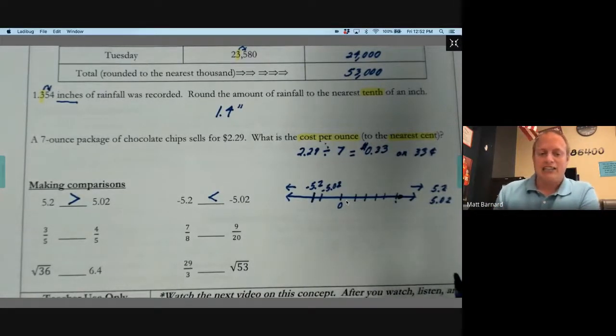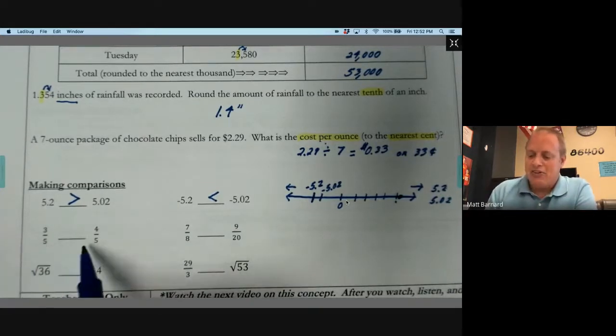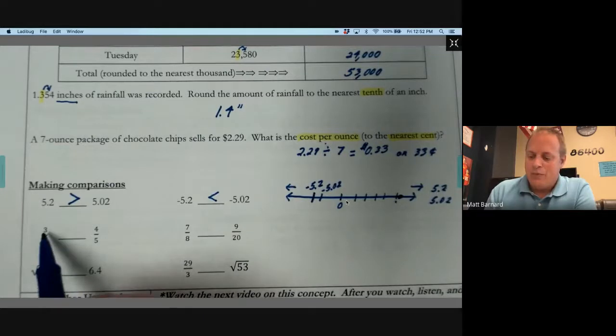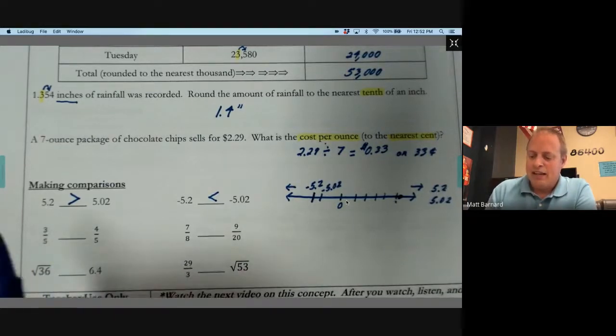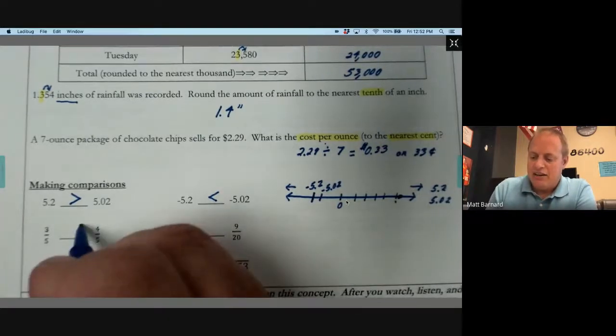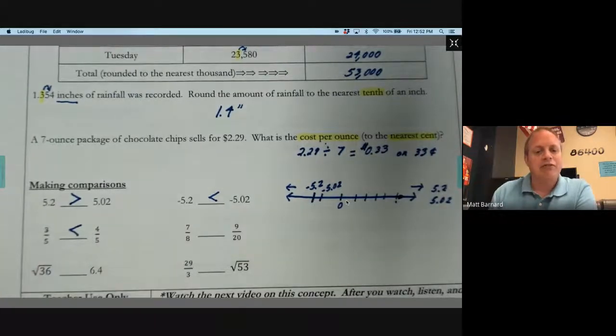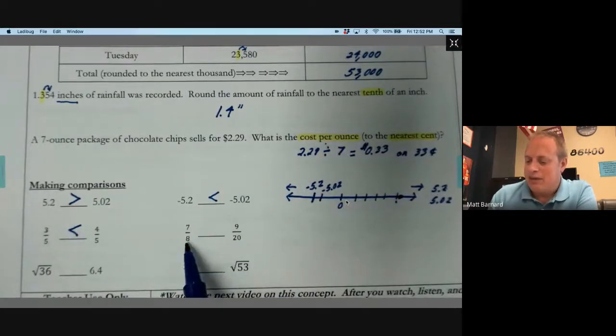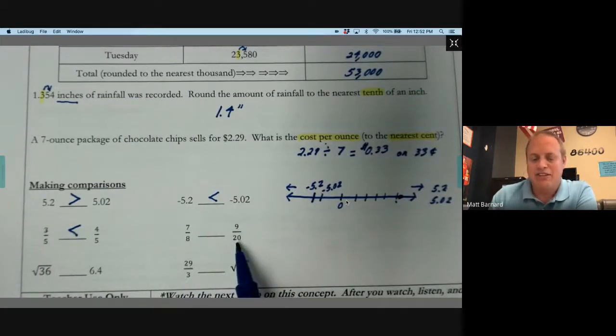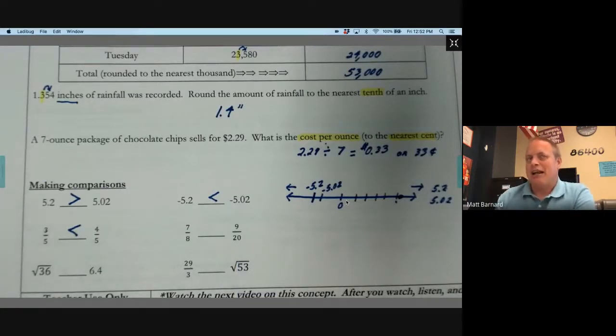We like to leave fractions as improper in most cases. Here's 3/5 and 4/5. Since the denominators are the same, we look at the 3 and the 4, and we notice that 3 is less than 4, so 3/5 is less than 4/5. Now, speaking of denominators, this denominator is 8, and this denominator is 20. They're different. But sometimes you can think about halves.